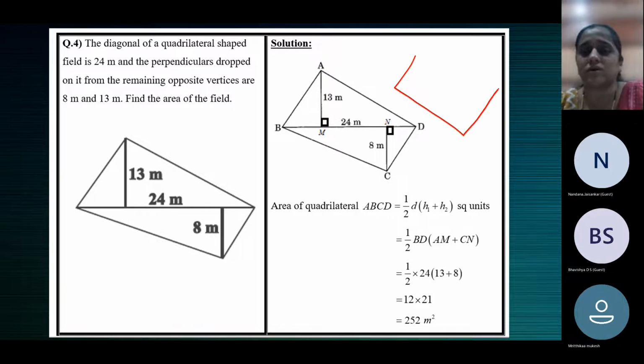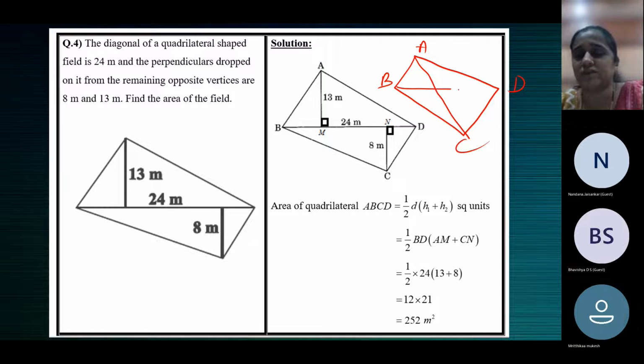If you have a quadrilateral called ABCD, A and C are the opposite vertices, so AC is a diagonal. B and D are opposite vertices, so BD is a diagonal. So AC and BD are the diagonals, but we can't see the diagonal AC here.